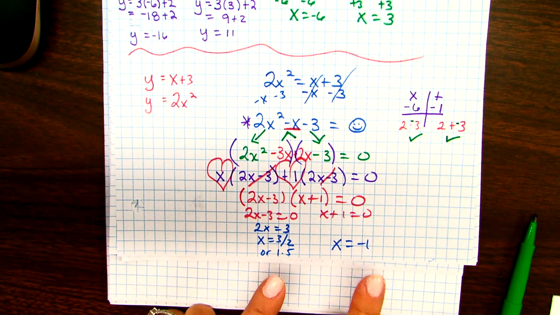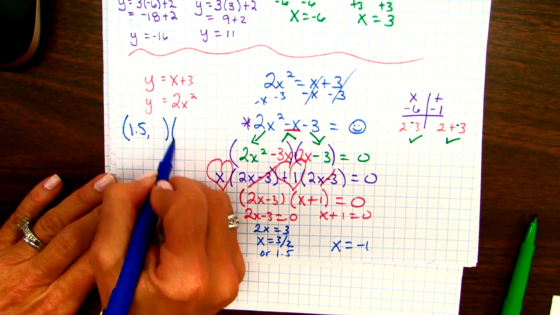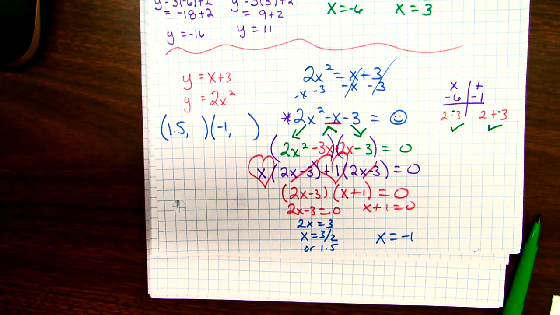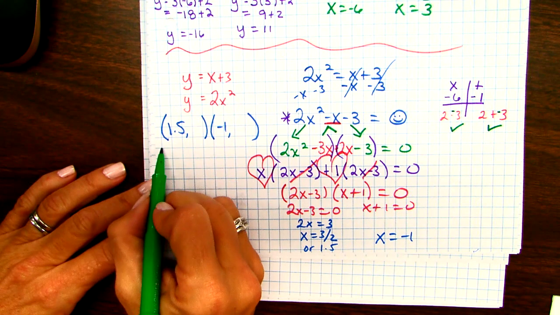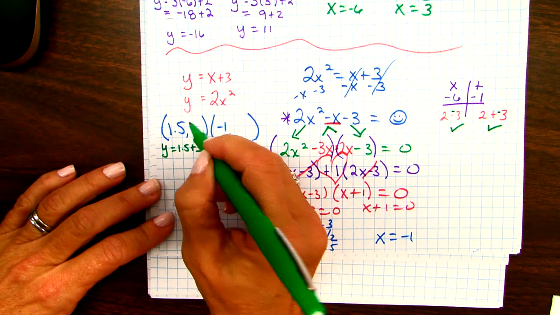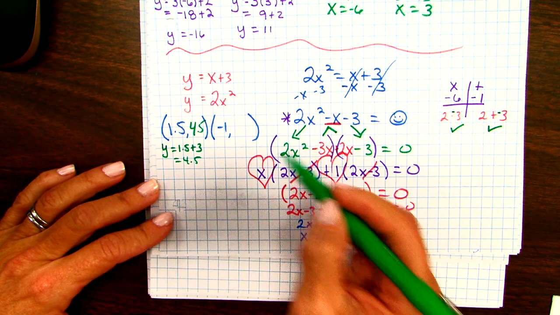These are both x values. And then you can pick either equation to plug in to get your y values. There are a lot of steps. Lots. Right, 1.5 times 3 is 4.5.